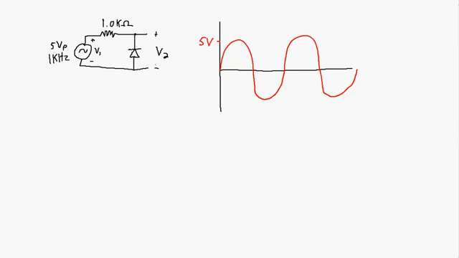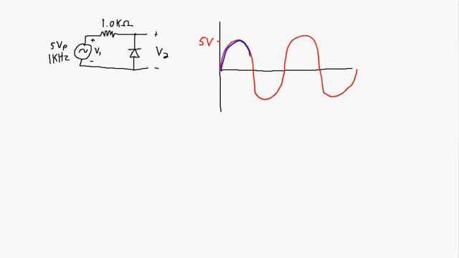So what's happening in this circuit? Well, during the positive half of this cycle, this diode here is going to be reverse biased, which means that no current will be flowing in this circuit. Therefore, there is not going to be any voltage drop across this 1 kilo ohm resistor. So the voltage probes here that are measuring at the top and at the bottom are going to measure the full voltage swing.